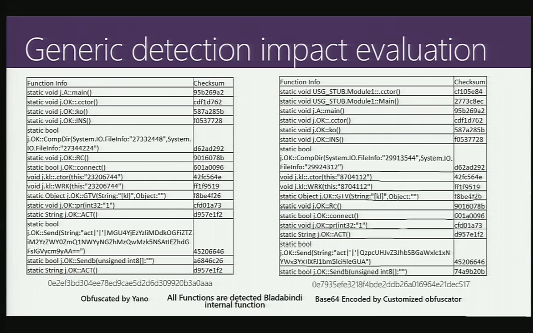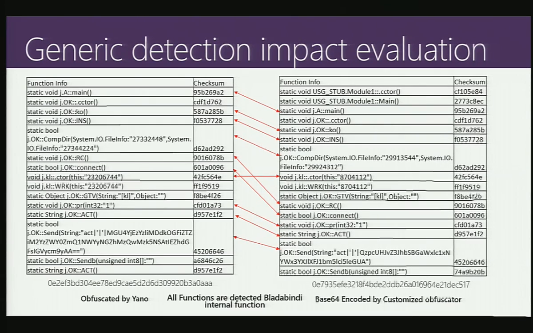With my dynamic instrumentation tool, after I filter the massive data, I find that there are two lists of Bladabindi internal functions. And we will see that there is a really strong correspondence in their generic checksums.